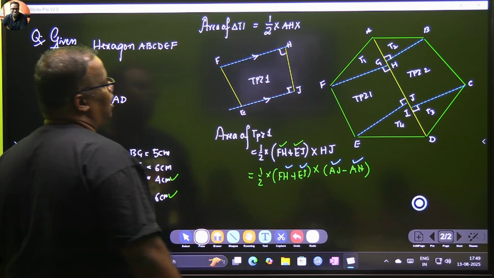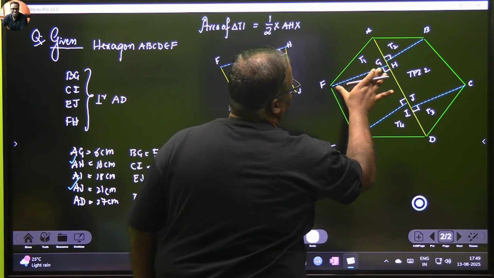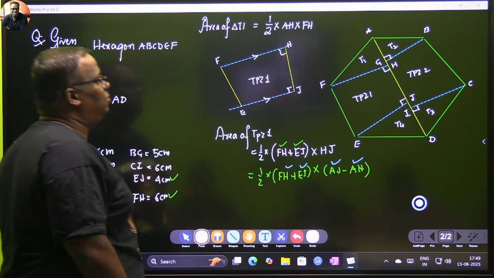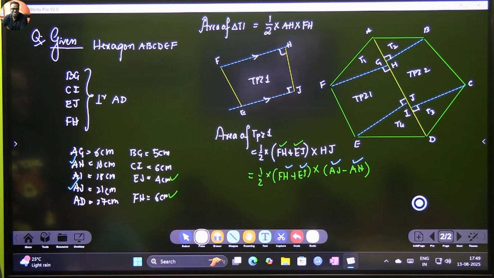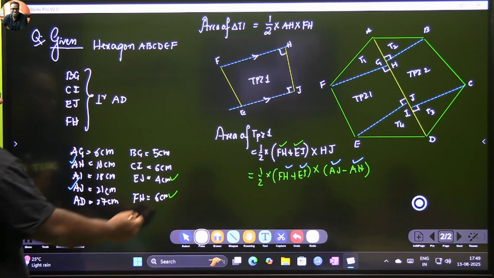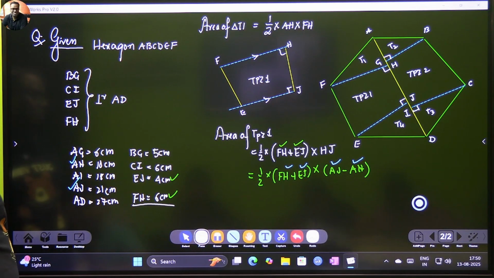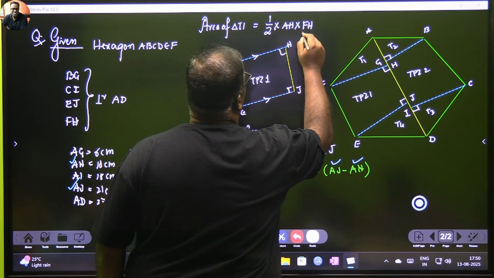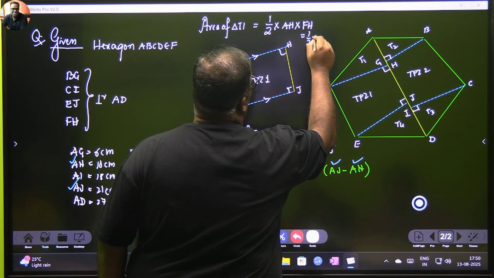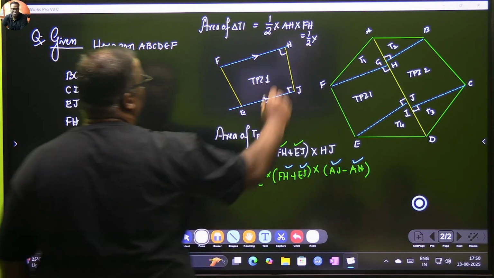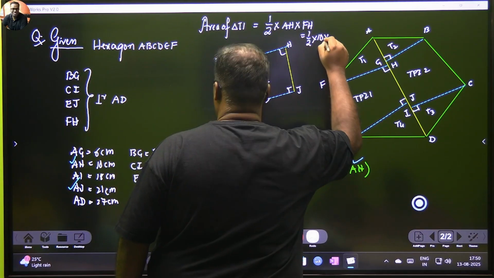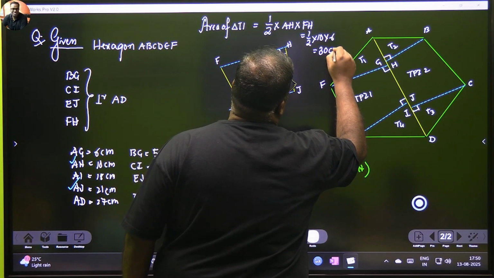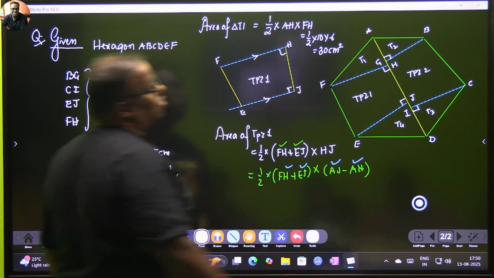If this is the base, this is the height. So FH. Now the problem you will land up with is, is FH given to you? So how much is the data? Half times, what is AH? 10 into 6. So this should be equal to 30. 30 what? Centimeter square.